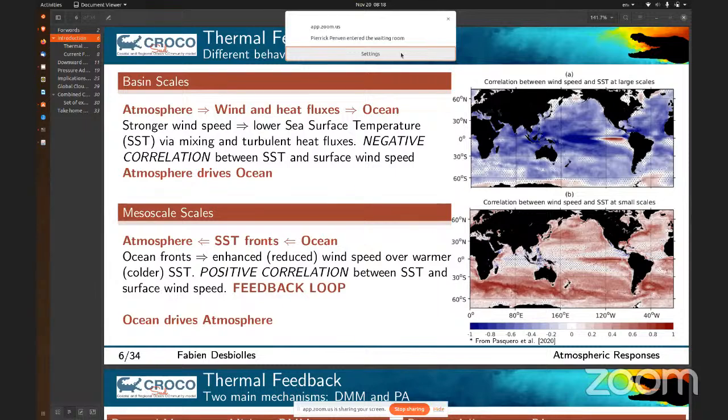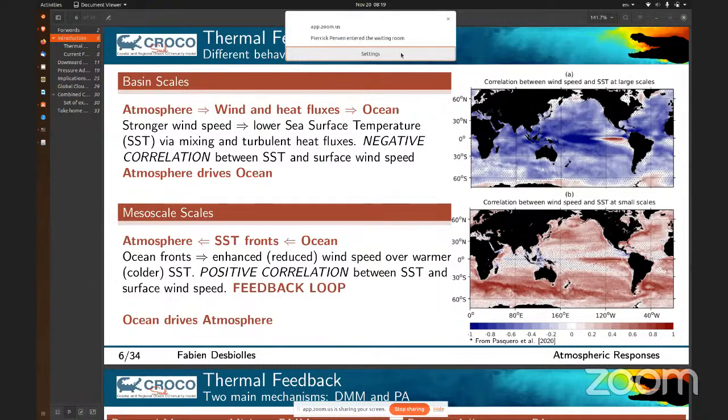That means when the wind is blowing, the ocean tends to cool. Why? Because the wind is blowing, that creates some mixing, and you have a deeper mixed layer in the ocean, so that tends to reduce the sea surface temperature. Okay, so more wind, the greater the wind, the cooler the SST.